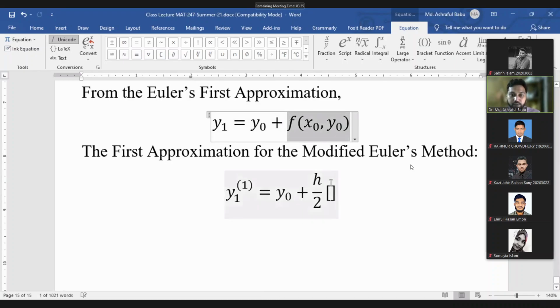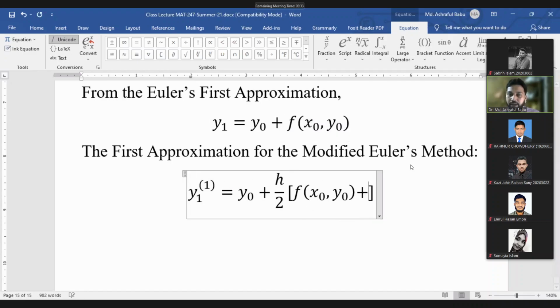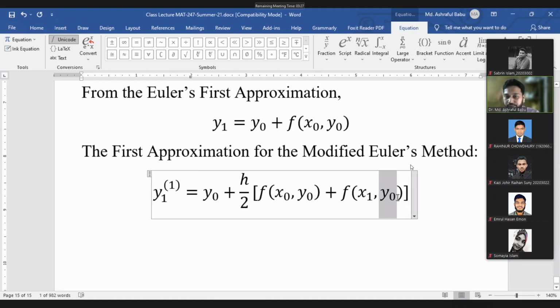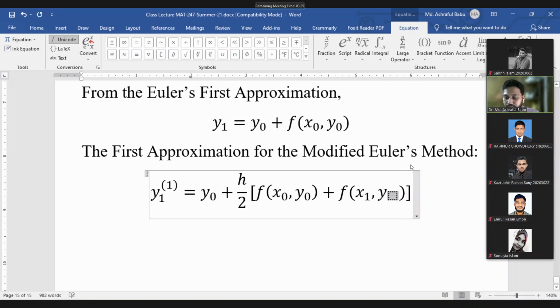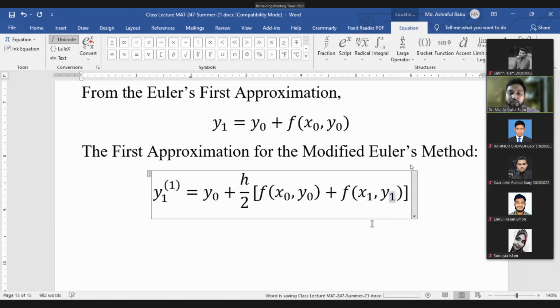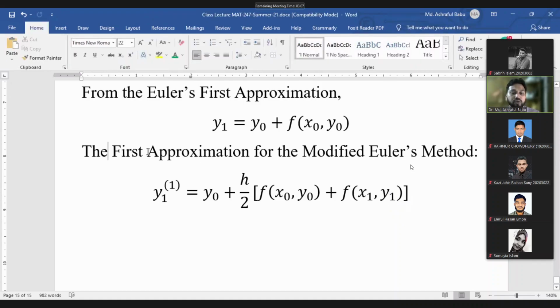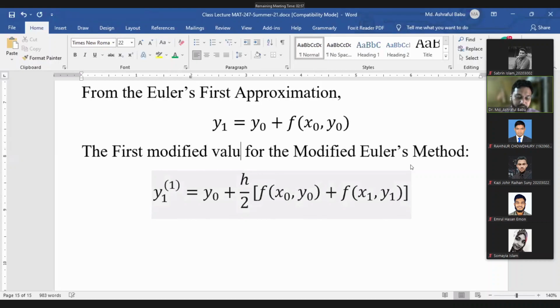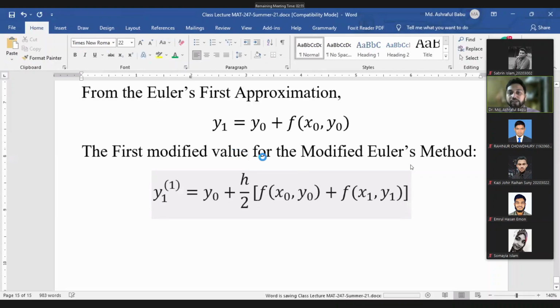This is the first approximation of the Euler's method, or the first iteration of the first approximation, you can say. In that case, we do not write first approximation, we write first modified value.